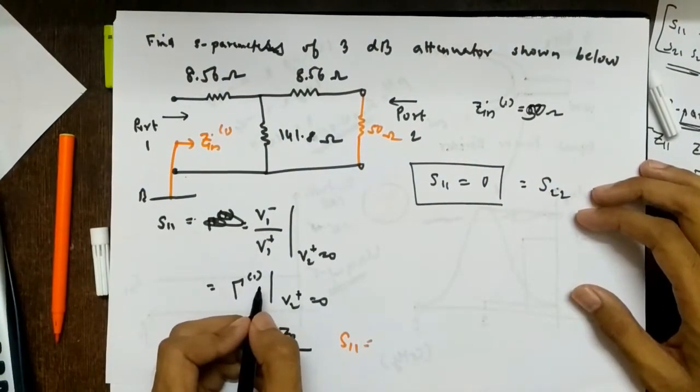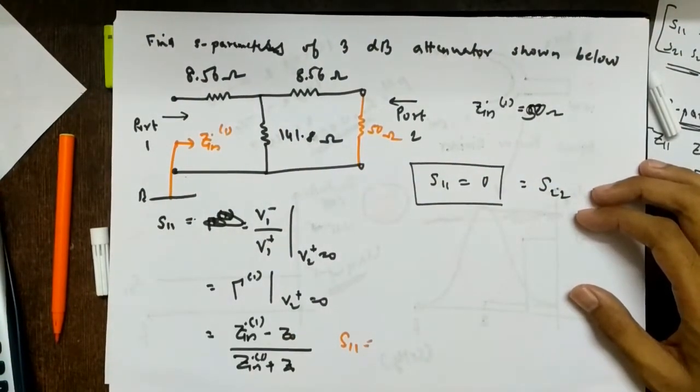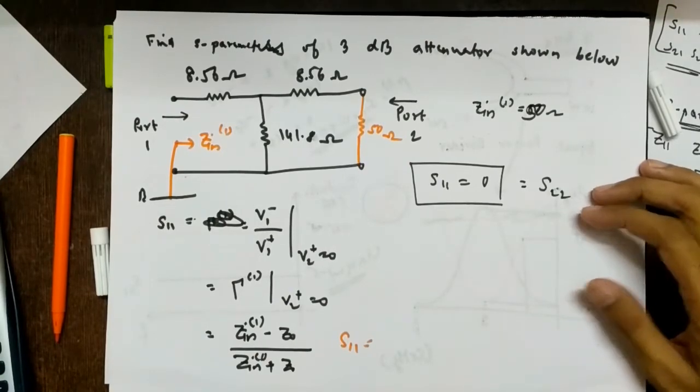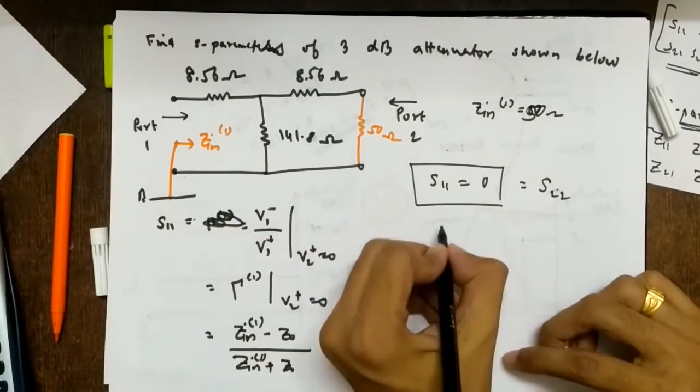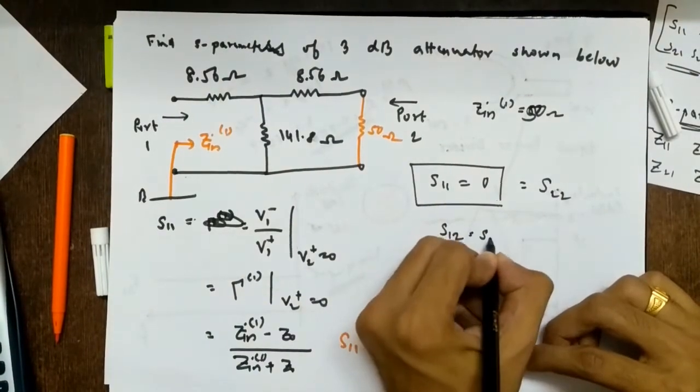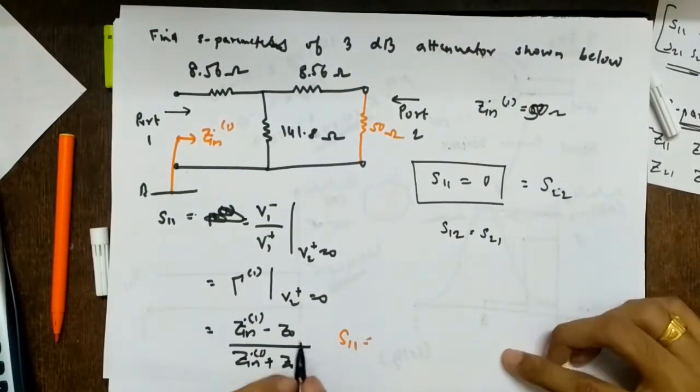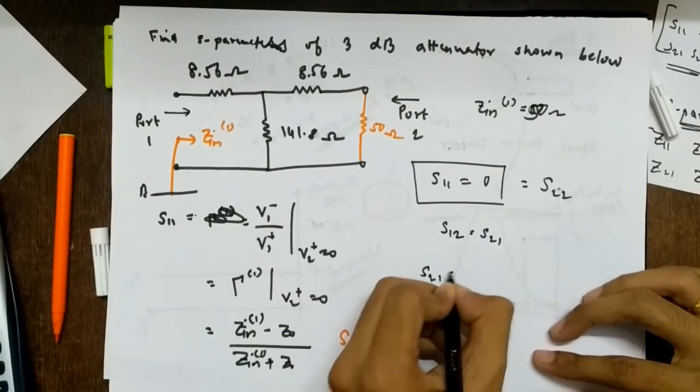So next we have to find S12 and S21. How to find that? Just think over it. Because of the symmetry of the network, we can say S12 equal to S21. So let's find S21.